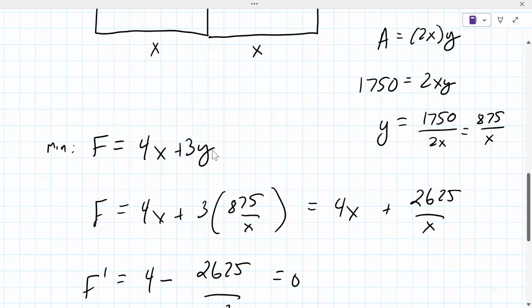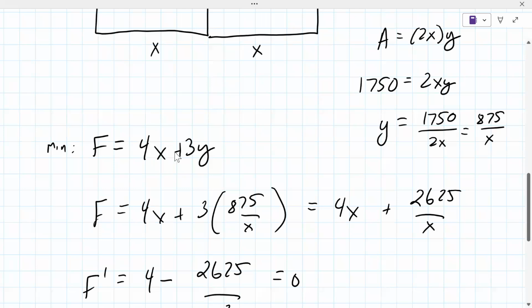Wait, why am I plugging into the area equation? You're not. I misspoke. It's the fencing equation which it goes back into. Oh, okay. 4 times that x value plus 3 times that y value.